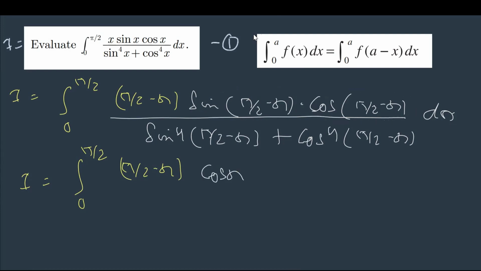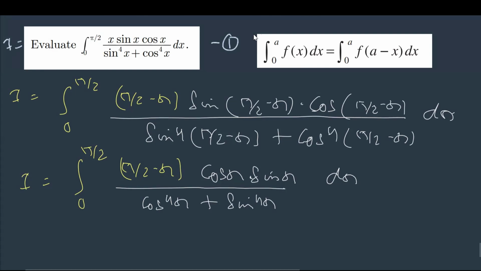Similarly, cos 90 minus theta is sine theta, so that is sine x dx. And below, the same: this is sine raised to the power 4 of pi by 2 minus x, sine 90 minus theta is cos theta, so that is cos raised to the power 4 x, and this cos will become sine.